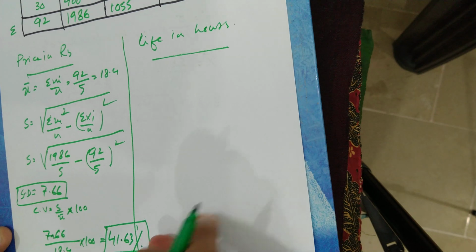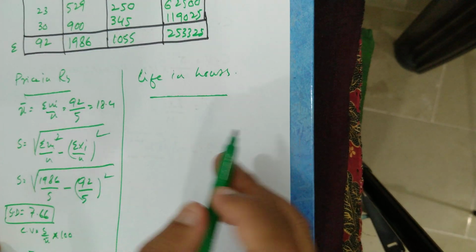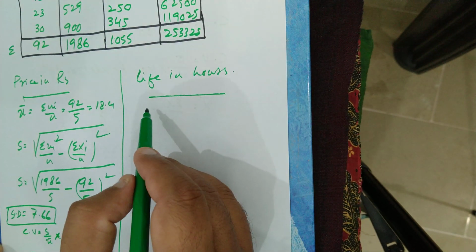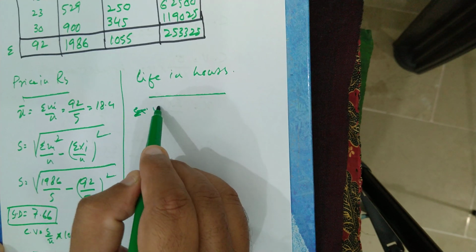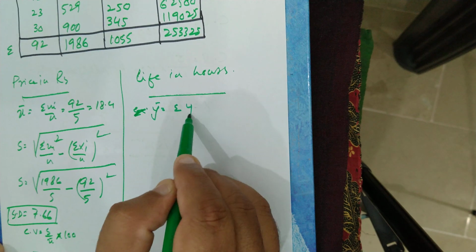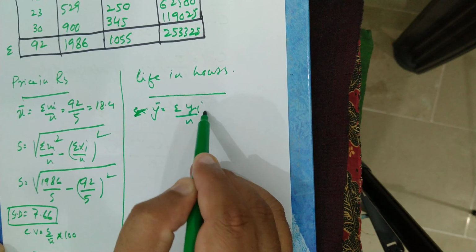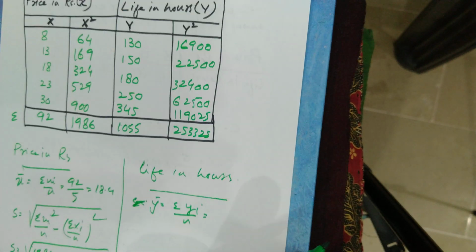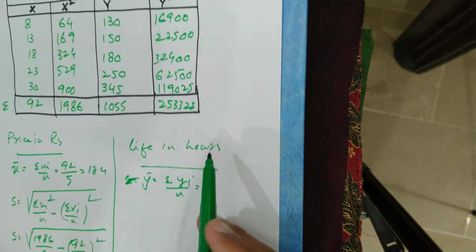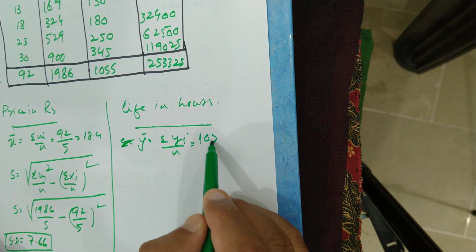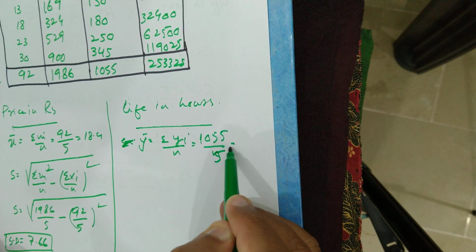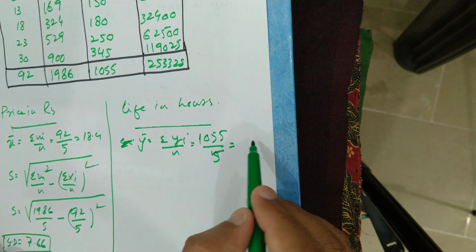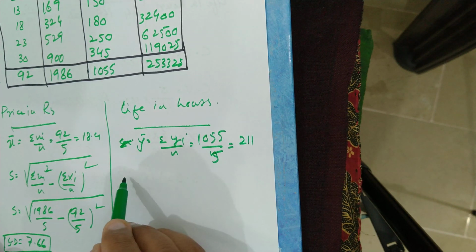Now for the coefficient of variation for life in hours. For y bar, it is the summation of y upon n, that is 1055 divided by n, which is 5, so this is equal to 211.